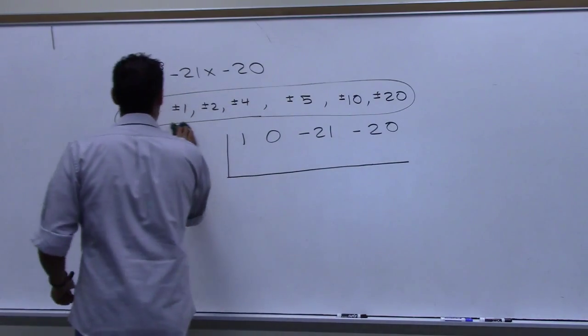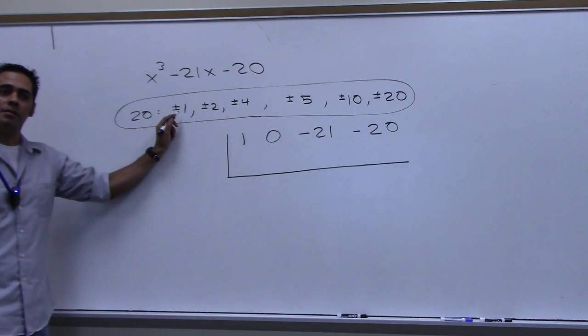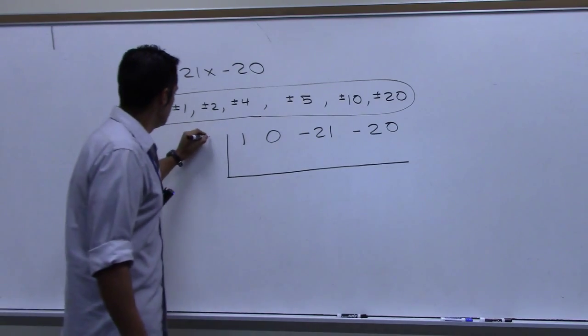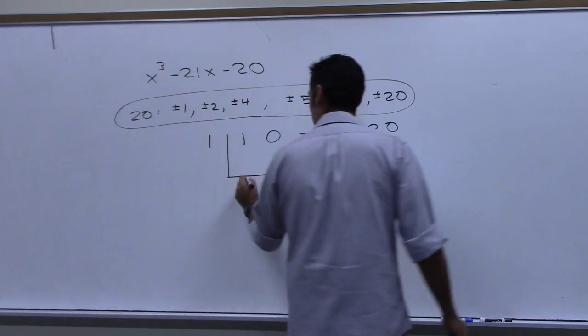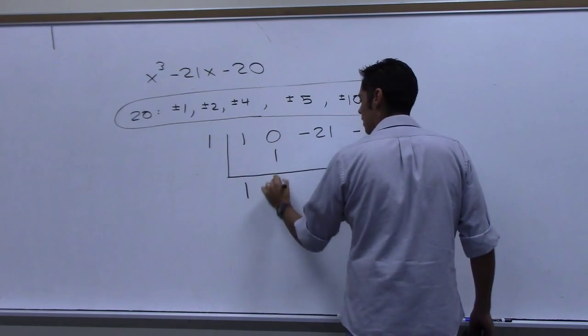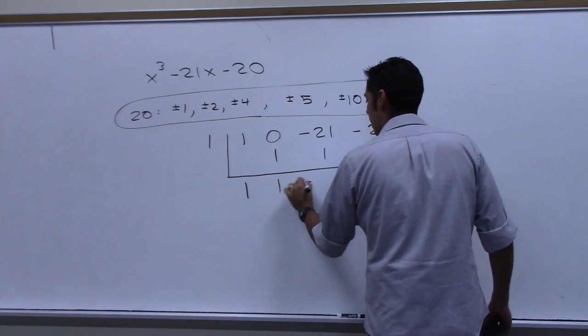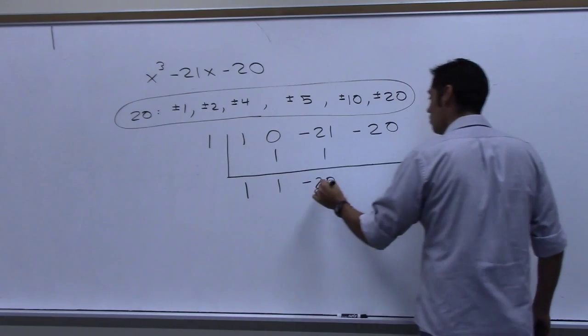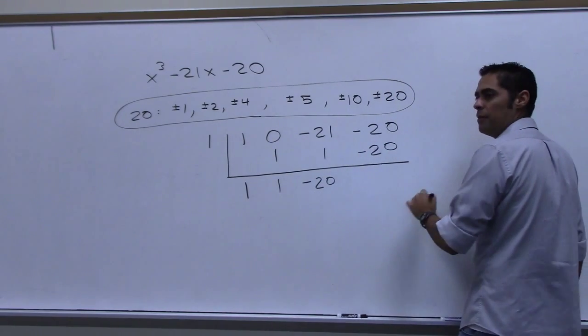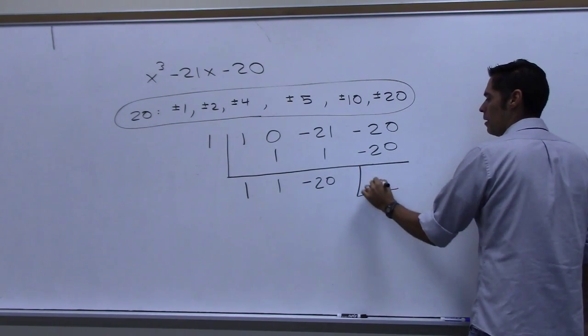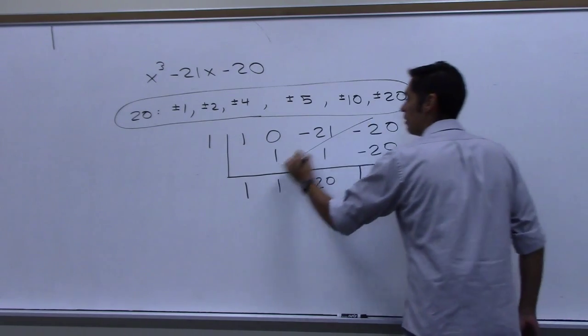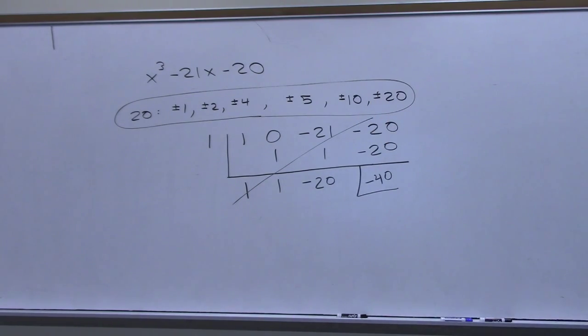I'm going to start with the first number in my list, positive 1. Does it work? No. 1 times 1 is 1. Add down 1. Times 1 is 1. Negative 20. Oh, no. It would have worked if it was positive 20. So that didn't work. How about negative 1?